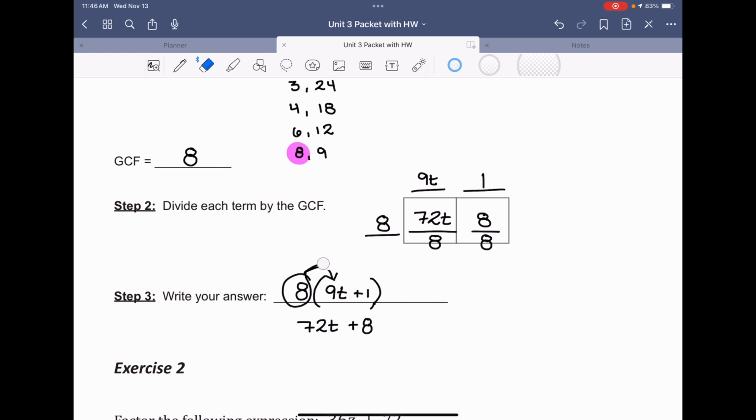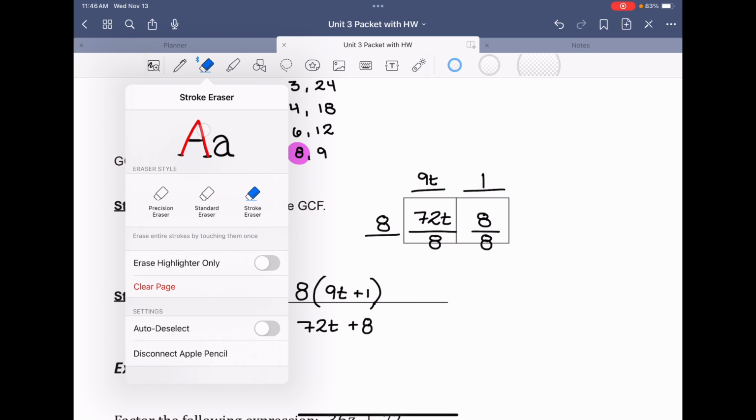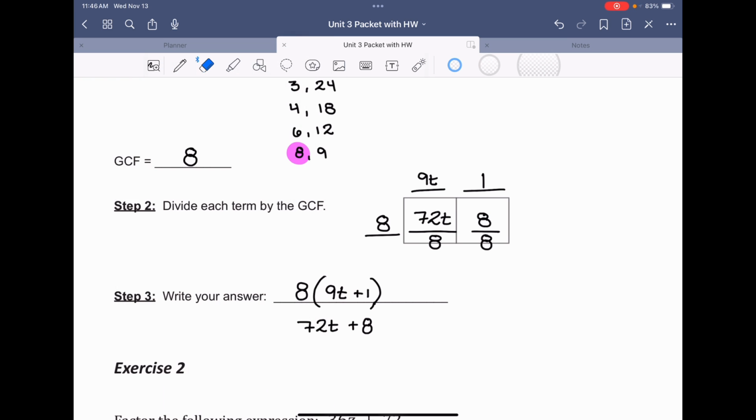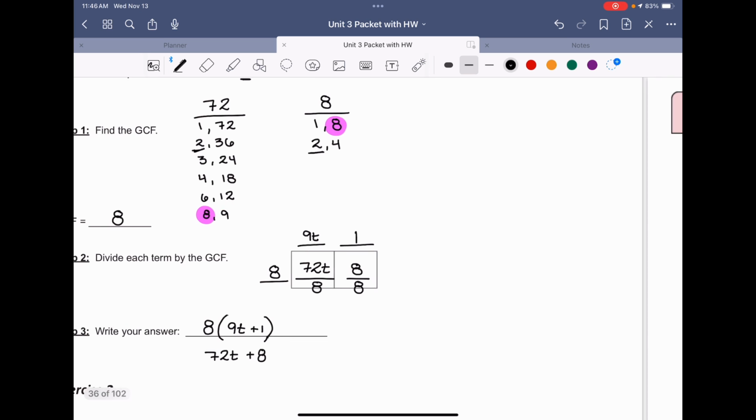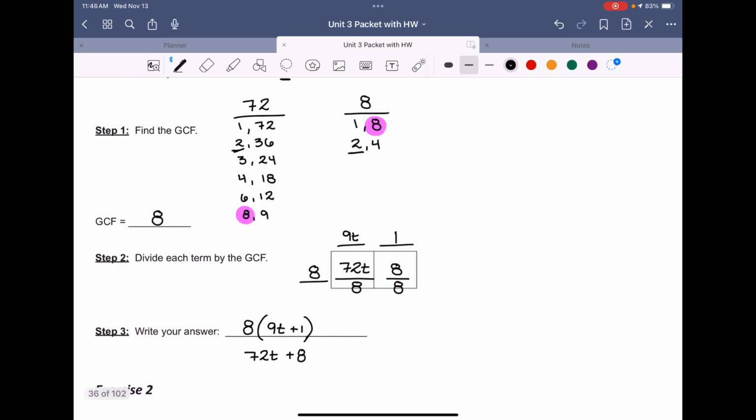Something else that I want to mention here is that if you were to accidentally use a smaller factor, so let's say instead of taking out 8, we took out 2. I'm going to show you something else here.